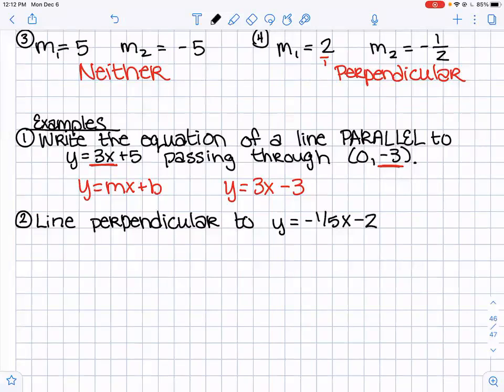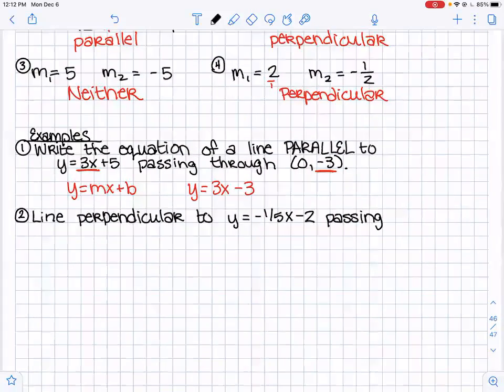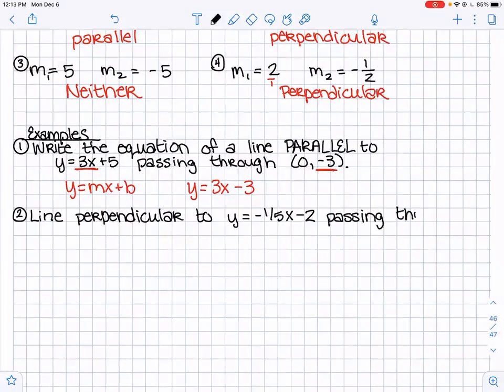So what's the slope of that line right there? -1/5. Okay, and our line is going to pass through the point (0, 6). So again, we have the slope from the other line and (0, 6). Anytime it starts with 0, it's a y-intercept, right?